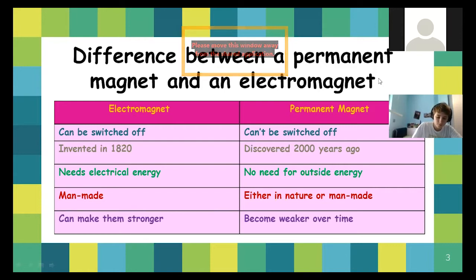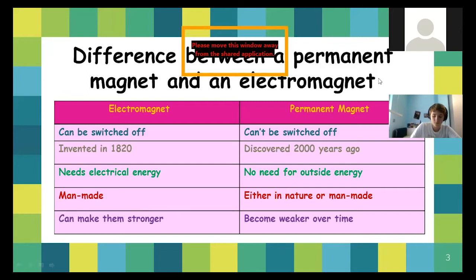Now, besides being permanent or temporary magnets, what about the year they were invented? The electromagnet was invented in 1820. But what about the permanent one, the natural one? It was discovered 2,000 years ago in a place called Magnesia. This is the reason why it gets the name magnet.